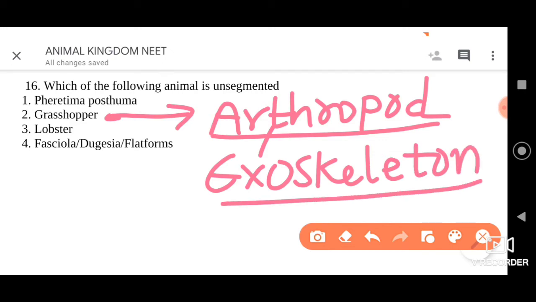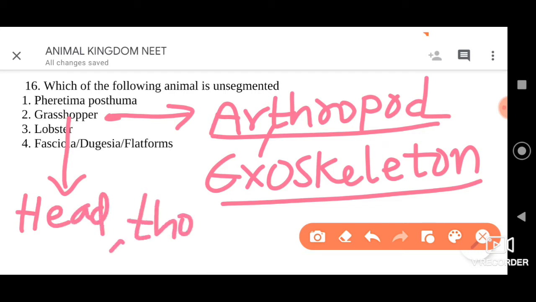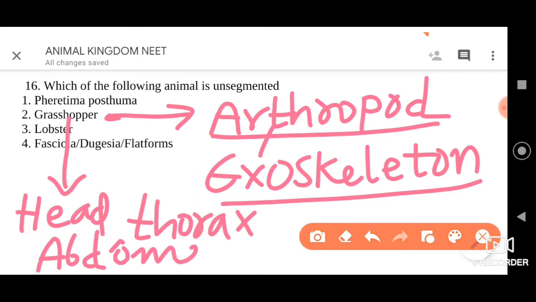And in case of grasshopper, the body is segmented into head, thorax and abdomen.